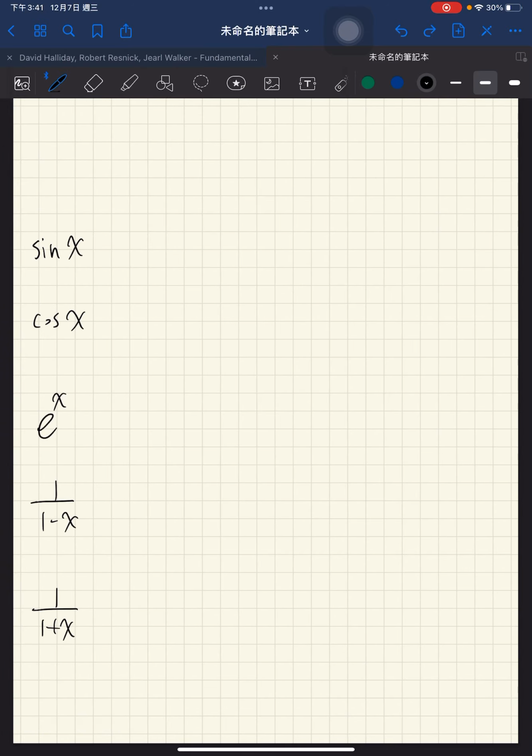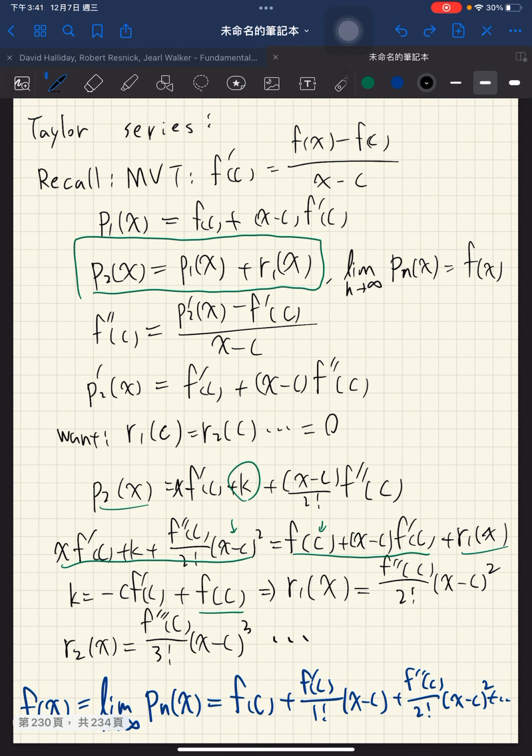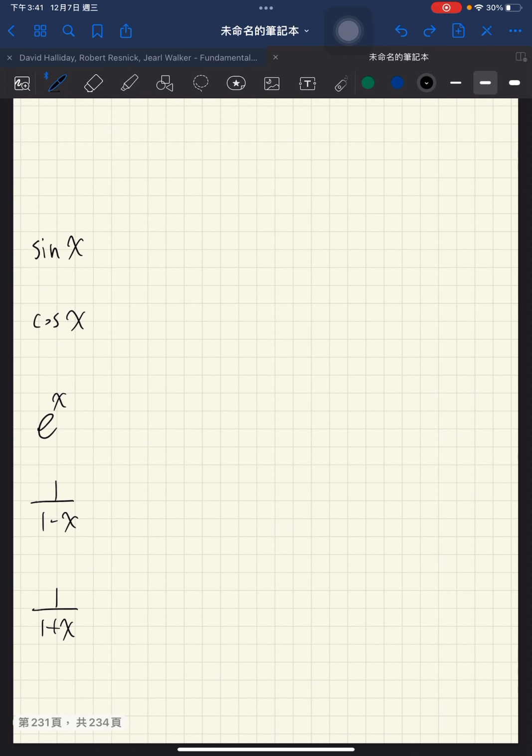The first one is sine x, and we need to find all the derivatives of the function, right? So the 0th derivative is sine x, the first derivative is cosine x, then negative sine x, negative cosine x, and then it will be sine x, right? We want to approximate it from x equal to 0.